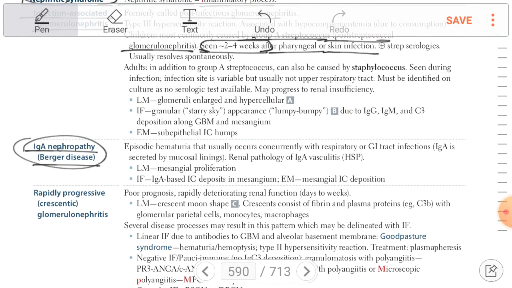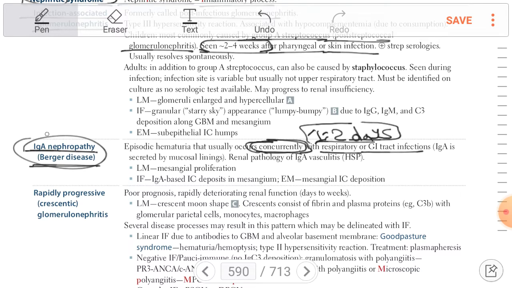But in immunoglobulin A nephropathy, Berger disease, it's concurrently, or 1 to 2 days after respiratory or GI tract infection. So this is the main difference in the case scenario.